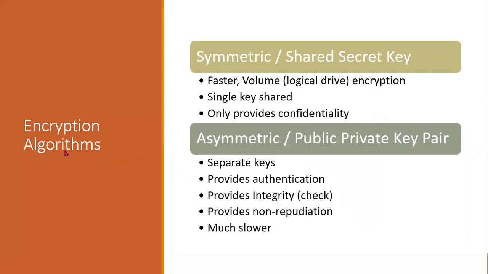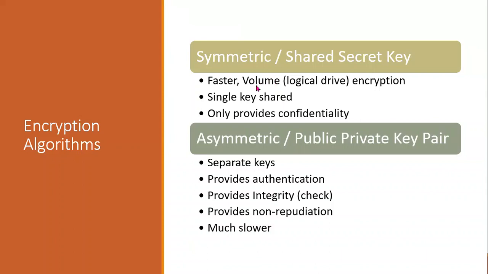Here are two different encryption algorithms, although some technologies, such as blockchain, use a hybrid encryption algorithm. They use both symmetric and asymmetric encryption. With symmetric encryption, and we'll take a look at this further, it's faster than asymmetric encryption because it uses a single key which is shared.